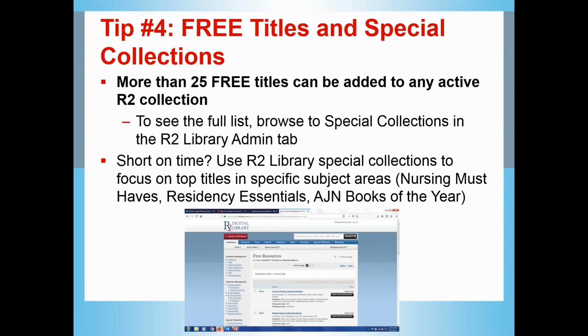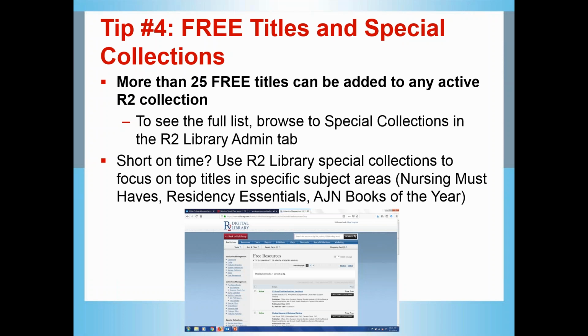However, we do have some special collections clustered around high use subject areas and topics that oftentimes can be added as a group to your collection. So under special collections, you'll see things like nursing must-haves, residency essentials. Every year we do the AJN, the American Journal of Nursing Books of the Year.